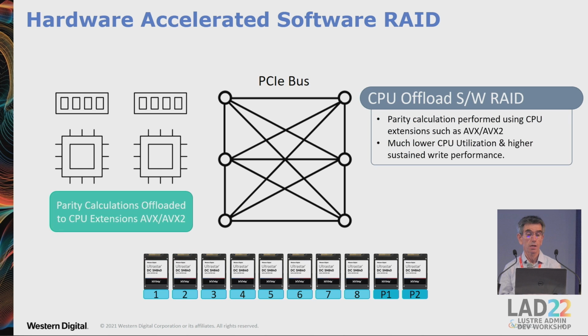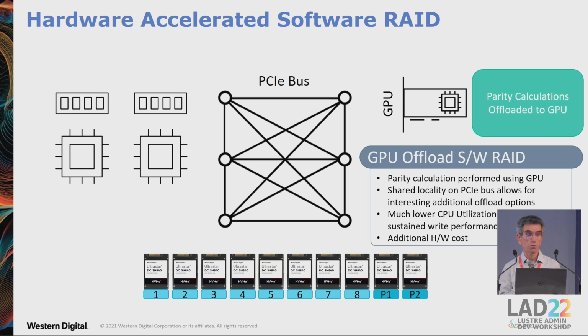One option is to use CPU extensions from the x86, AVX, AVX2, which are available. There is another solution to use a GPU. There is on the market a solution named GRAD, which offers this type of possibility.